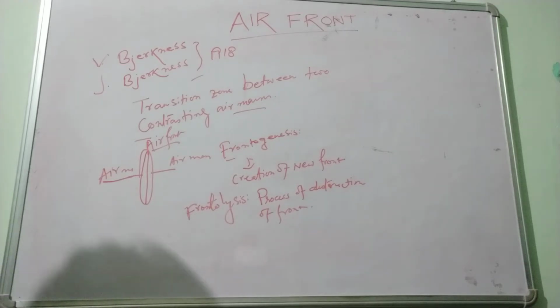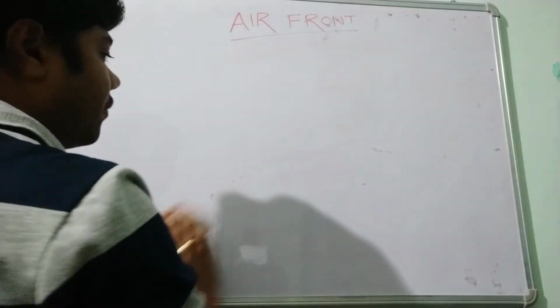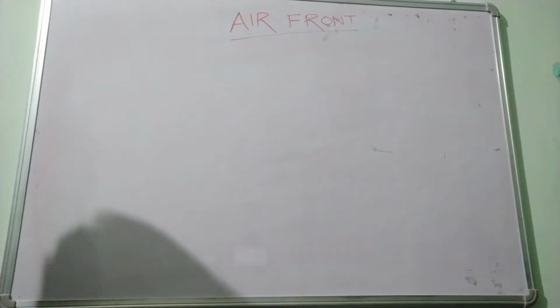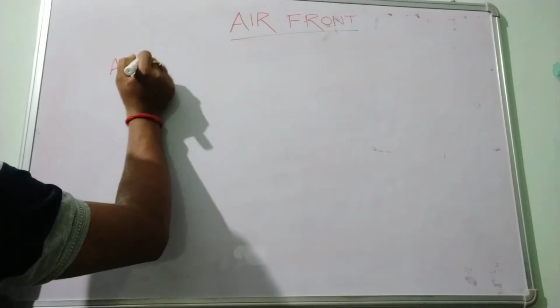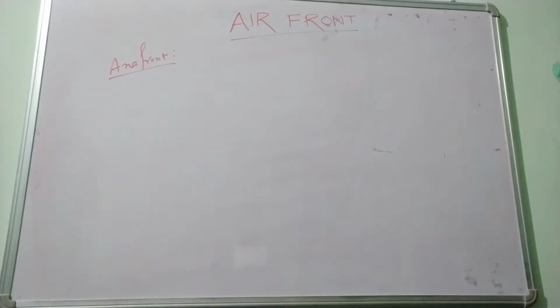So these fronts have been classified. There are two different meanings used in meteorology to describe the weather front: one is known as the ana front and another is known as the cata front. The ana front describes the boundary showing instability, meaning that the air rises rapidly along and over the boundary to cause significant weather changes.